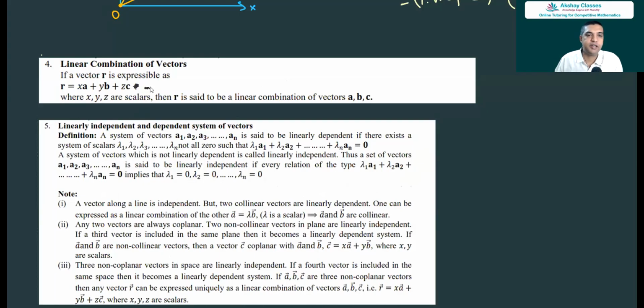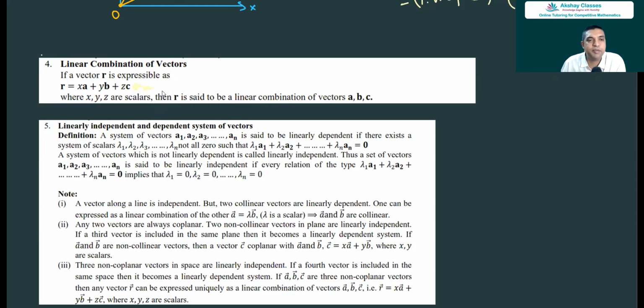So R bar is x times A bar plus y times B bar plus z times C bar, where x, y, and z are scalars. So we are able to write a vector R as a combination of three vectors multiplied by scalars. So scalar multiples. Then we say it is a linear combination.